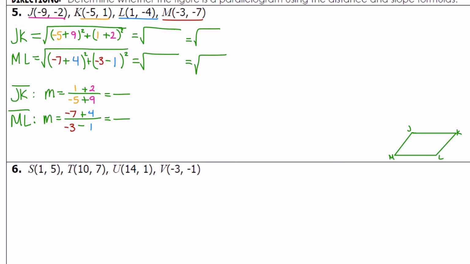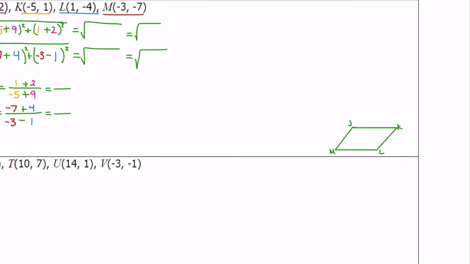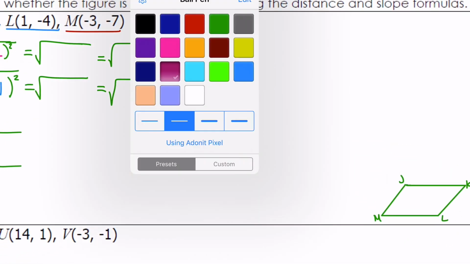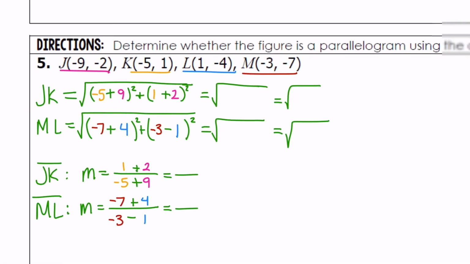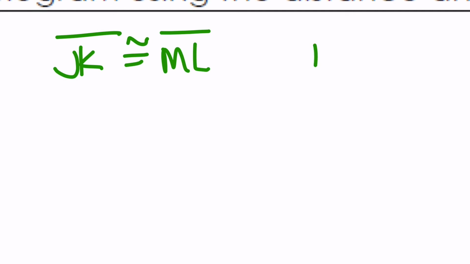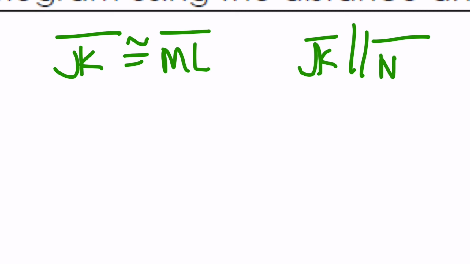Okay, so now we're going to determine whether this is a parallelogram using method 3, which is combination. So what we're trying to prove here is that line JK is congruent to line ML and JK is parallel to ML.